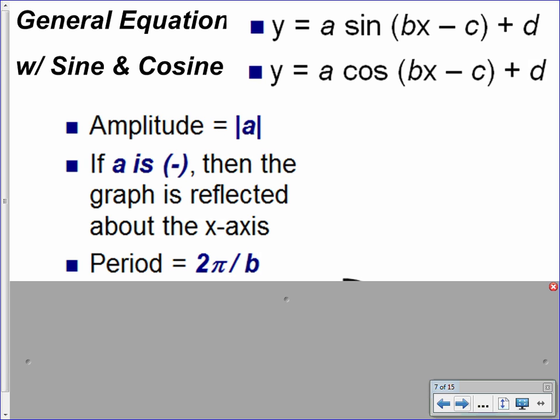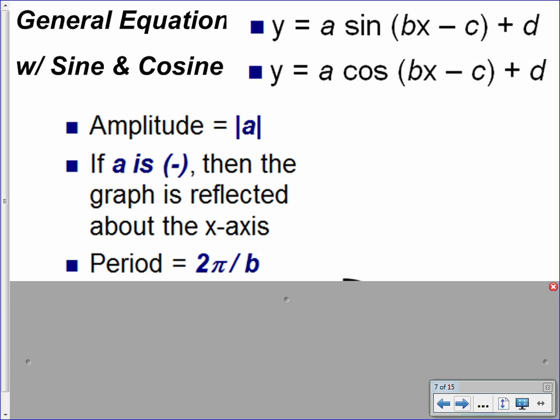And then C and D. C is a left or right shift. D is up and down.